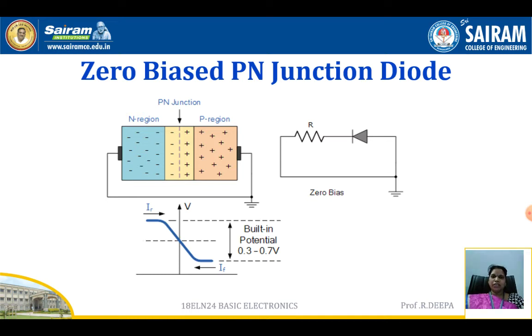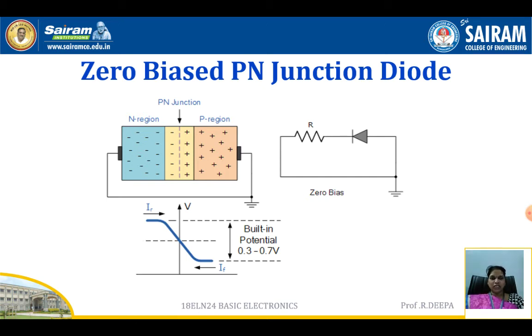This barrier potential or built-in potential varies from 0.3 to 0.7 volt based on what type of semiconductor I am going to choose to make a PN junction diode. And you can observe there will not be any flow of current across the junction because there is some built-in potential near the junction.